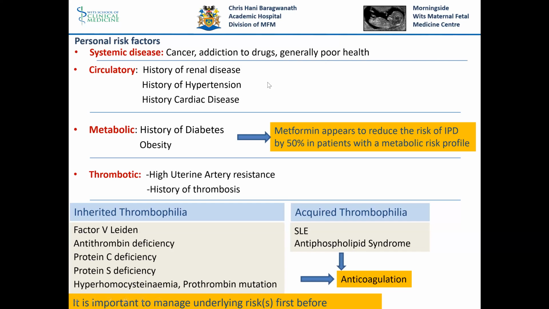There could be just history of cardiac disease or blood pressure or renal disease, could be metabolic issues, obesity. Ask the patient to lose weight. Don't be embarrassed. Patients have a responsibility as well to be in good shape when they embark on a pregnancy. And the issue of thrombophilia, of course, both inherited and acquired, and that's where the antiphospholipid syndrome comes in, where anticoagulation should be considered.